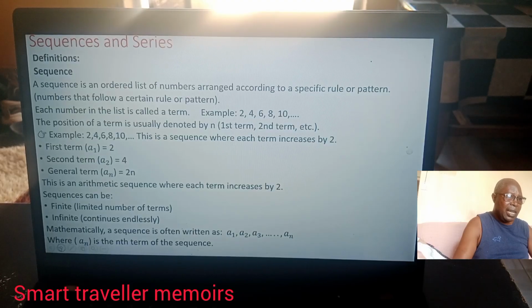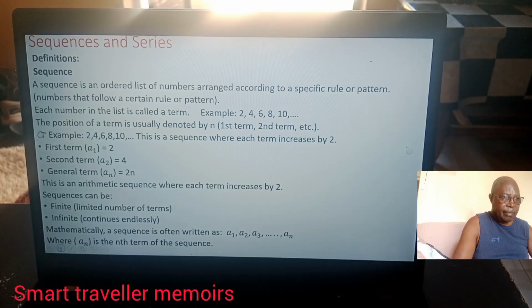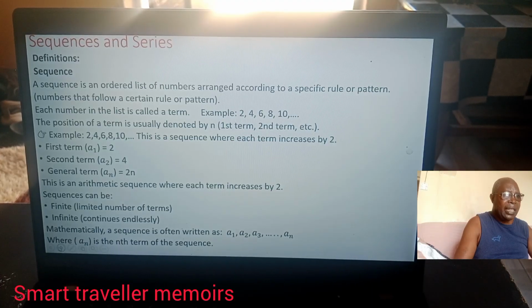That is, numbers that follow a certain rule or pattern. Each number in the list is called a term. For example, in the sequence 2, 4, 6, 8, 10, and so on, 2, 4, 6, 8, and 10 are terms of the sequence.